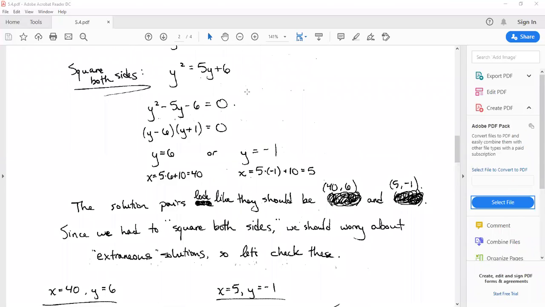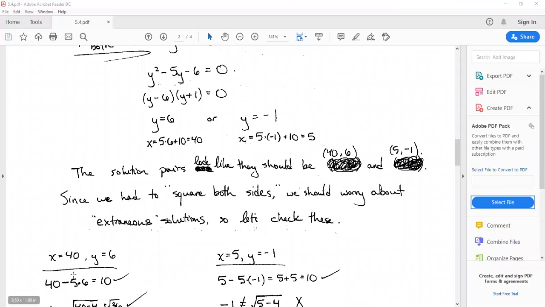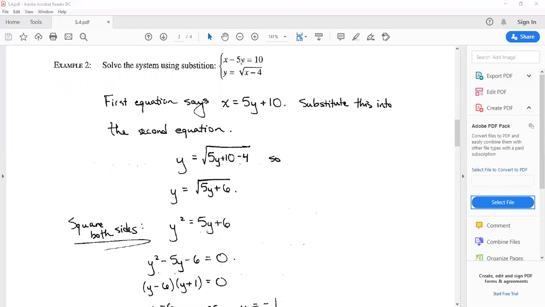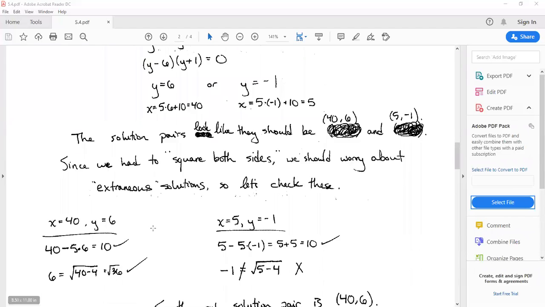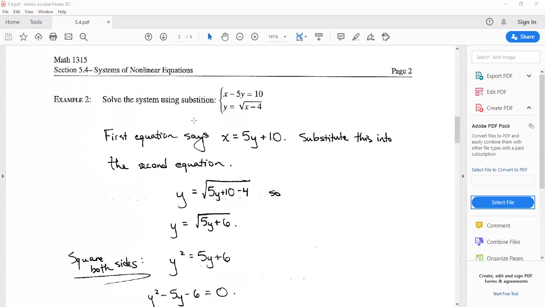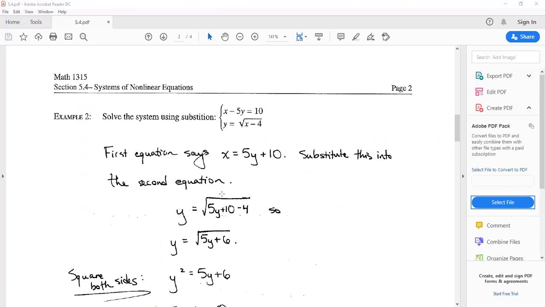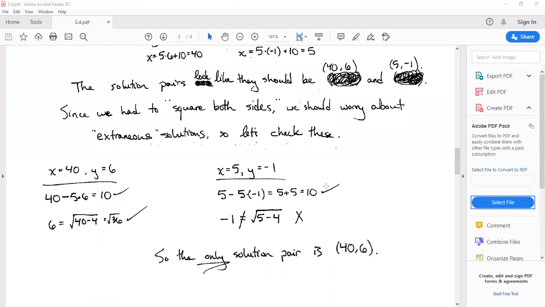The first one, when we plug in x equals 40 and y equals 6, we get 40 minus 5 times 6, which is in fact 10, and 6 does equal the square root of 40 minus 4. On the other hand, when we plug in 5 for x and minus 1 for y, the first equation becomes 5 minus 5 times minus 1, which is in fact 10.